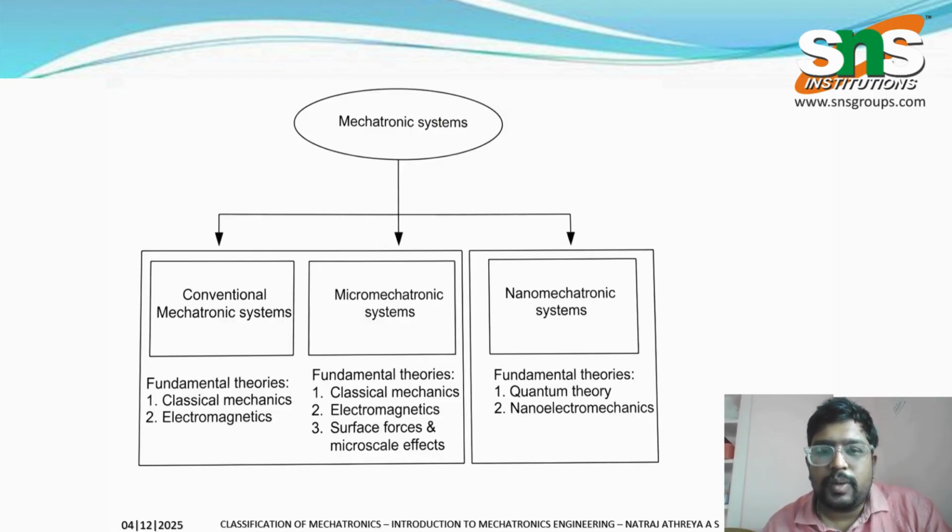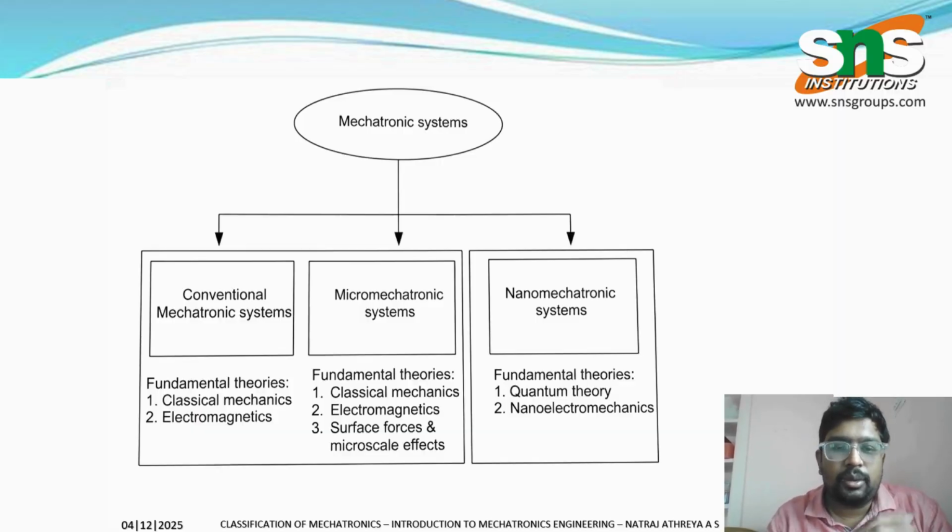But when you go to micromechatronic systems, the electromagnetic principle that we use for our DC and AC motors will not be as powerful compared to the electrostatic principle. So the electrostatic principle holds the upper hand there. We will be better off choosing an electrostatic based actuating system compared to the conventional ones, or even SMAs can be used here.